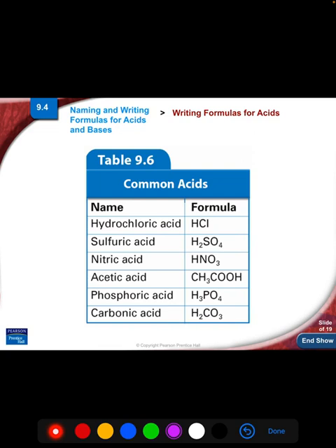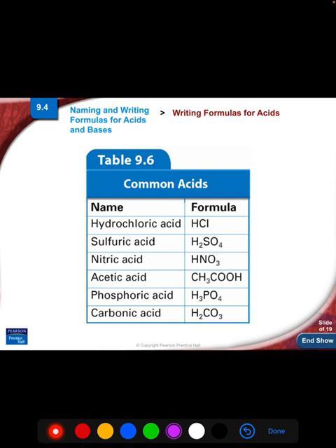You know it as vinegar in a weak solution. And phosphoric acid is, again, coming from the phosphate anion. And carbonic acid from the carbonate anion. We don't have nitrous or sulfurous or some of the other acids that use the other rule. These are just common ones used in the lab.